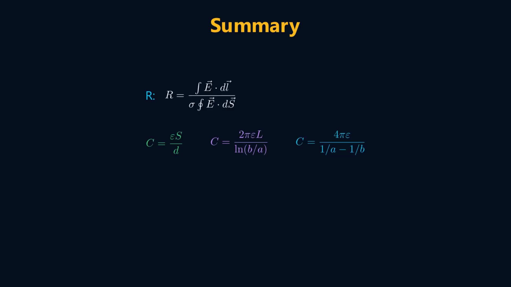Let's summarize. The general resistance formula uses the field solution. R equals the integral of E dot dl over sigma times the integral of E dot ds.